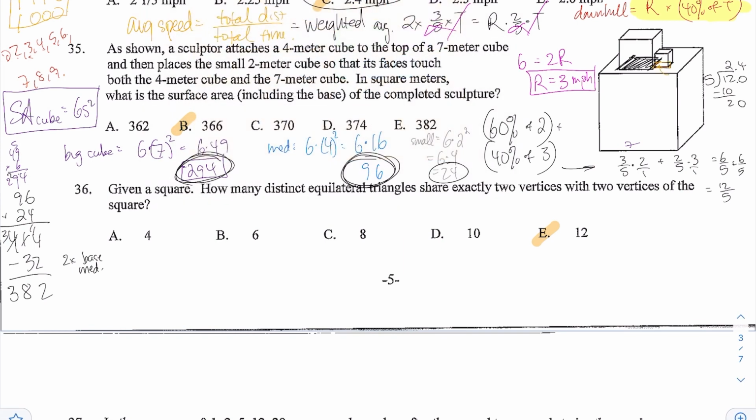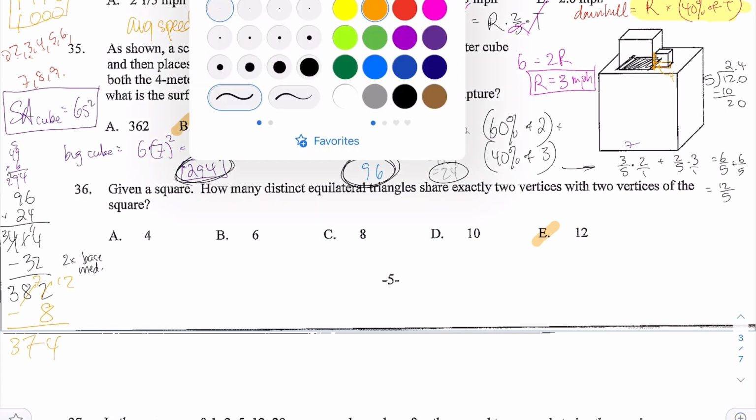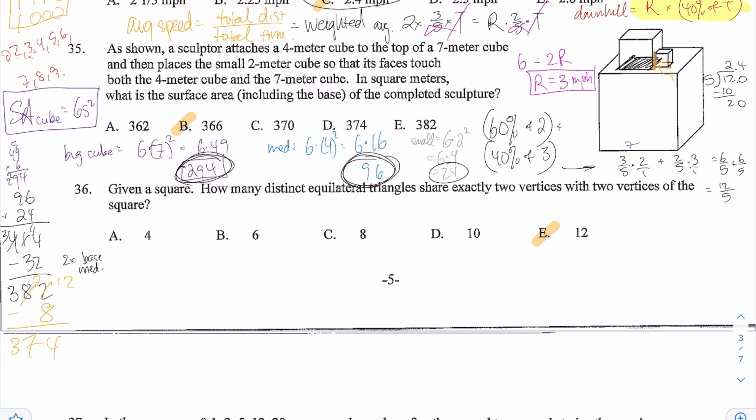This 4, we double counted. You have to subtract 8. That brings us down to 374. And then we have this other duplicate with the overlap between the medium and the small cube, which is another 4, so I have to double that, which is minus another 8. And that's how you get 366, which is choice B.